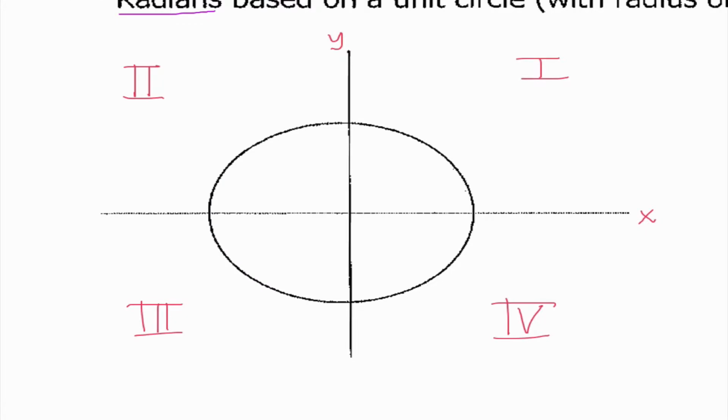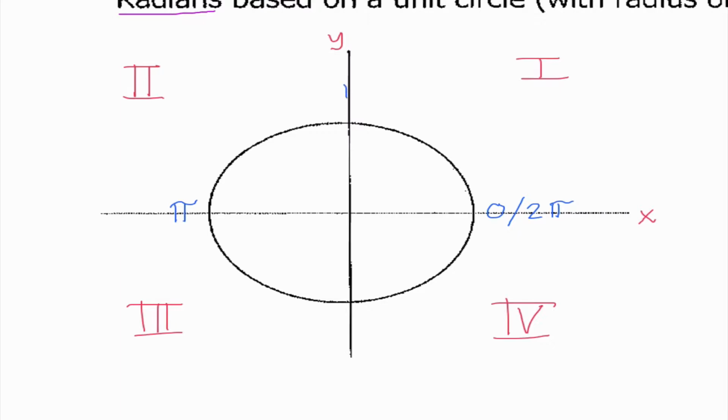So moving back over here, I'm going to label the negative x-axis as pi, because pi is a semicircle. And I know that this would be 0 and it would also be 2 pi. Those would be coterminal angles.